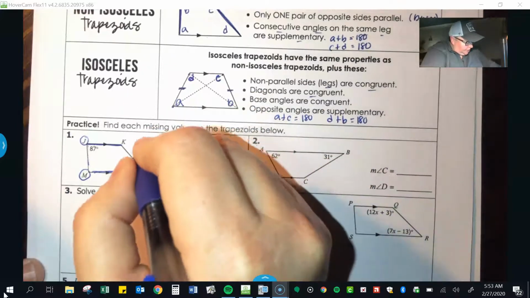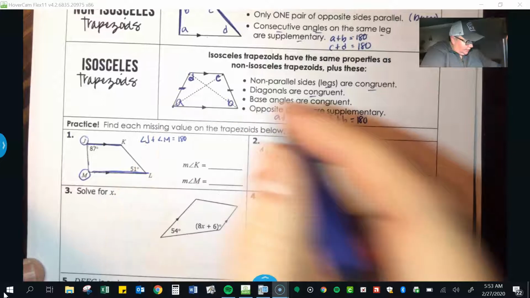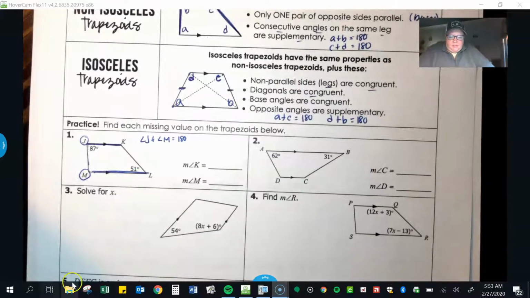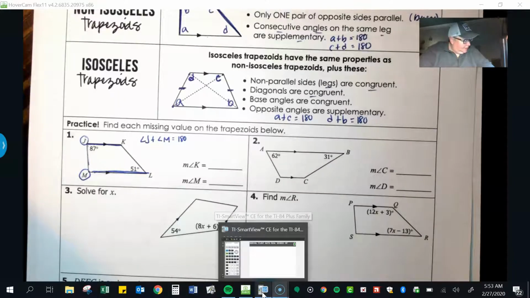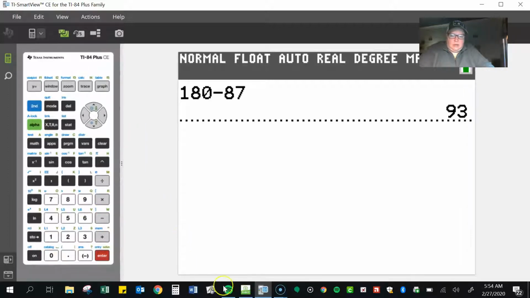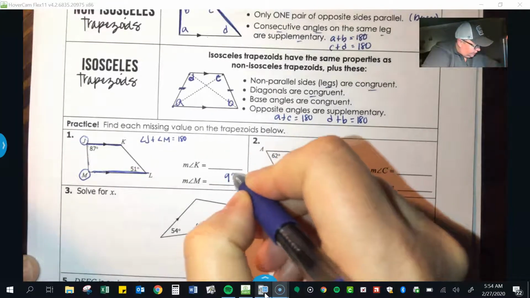So J plus M is 180, which means if I do 180 minus 87, then that should give me M. That's 93. So M is 93.